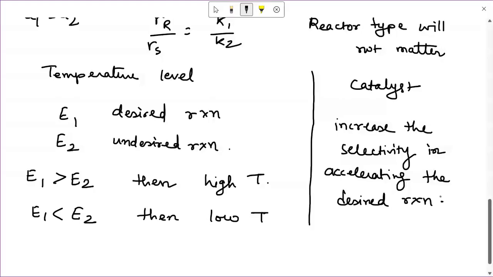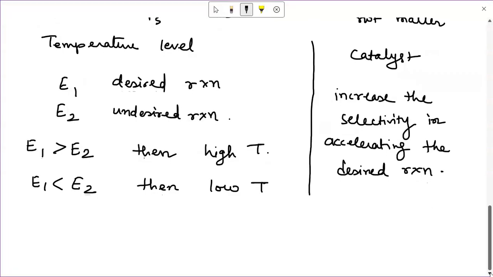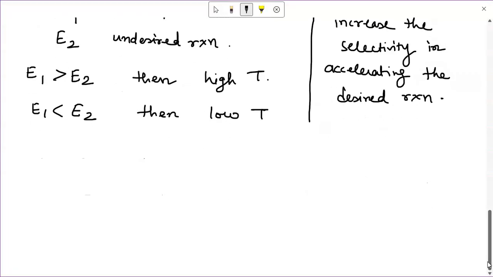In this way we can qualitatively get an idea about the product distribution for a parallel reaction system. Now, so far in this discussion we have considered a single reactant. For a single reactant, how we determine it qualitatively is fairly understandable. But what if we have multiple reactants?